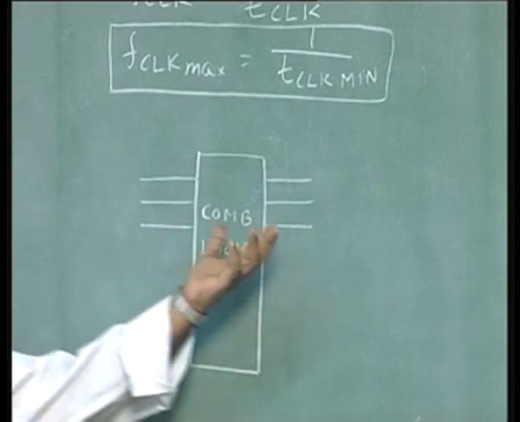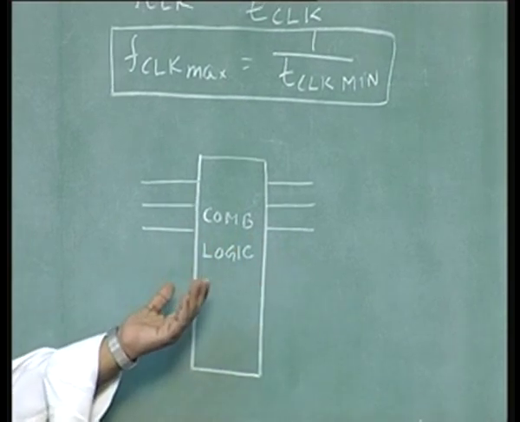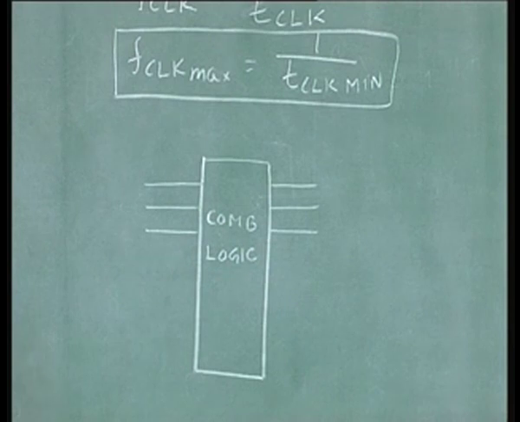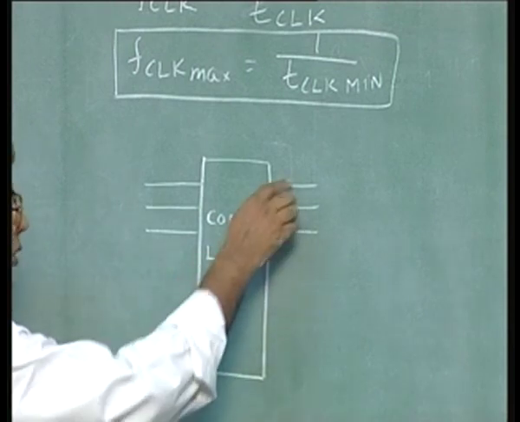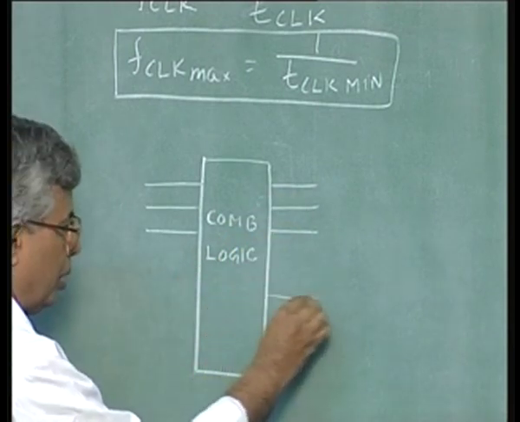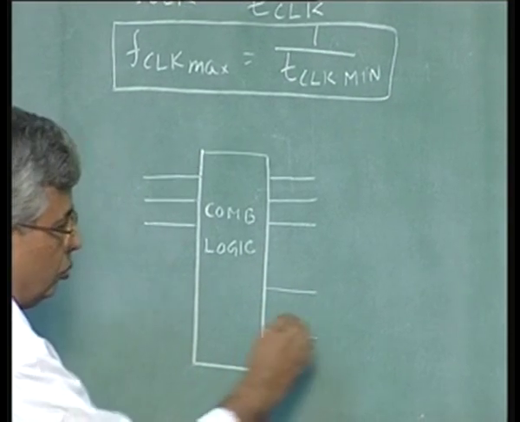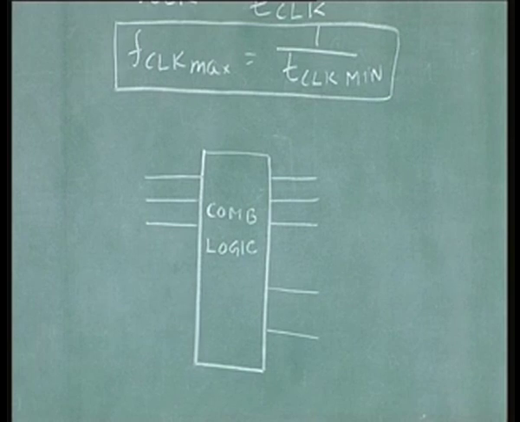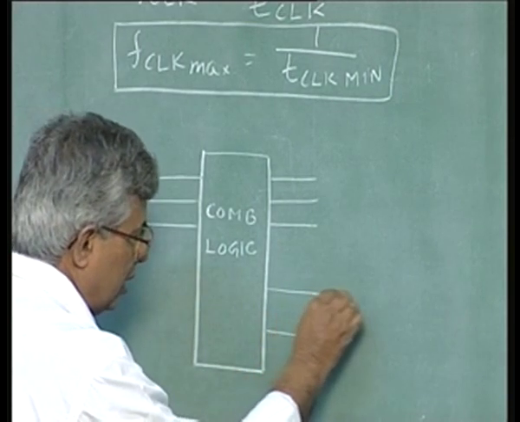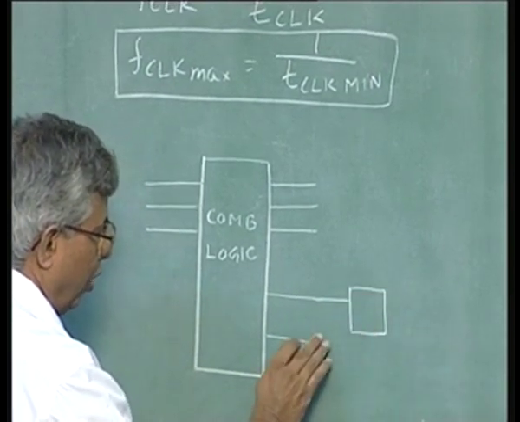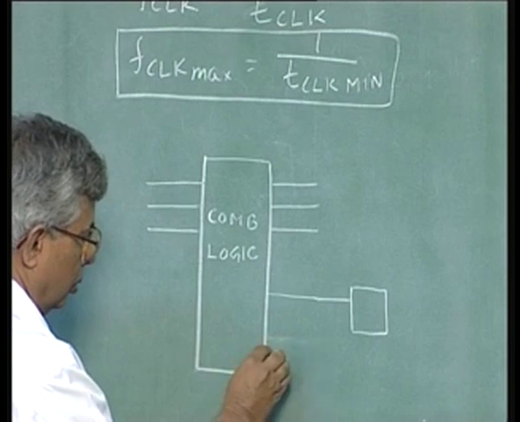Some of these outputs require to be stored and used later on. So, we may have two types of outputs for a combination logic. One is the combination output, the other is outputs which are to be stored and reused. So, these outputs go through flip flops, because a flip flop is a basic storage element.